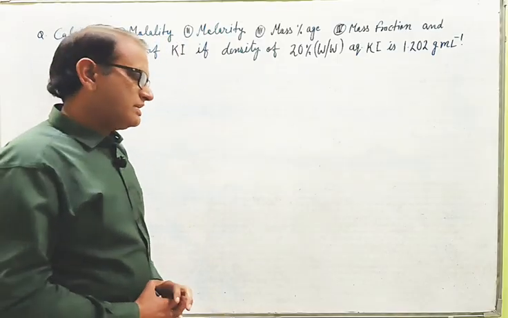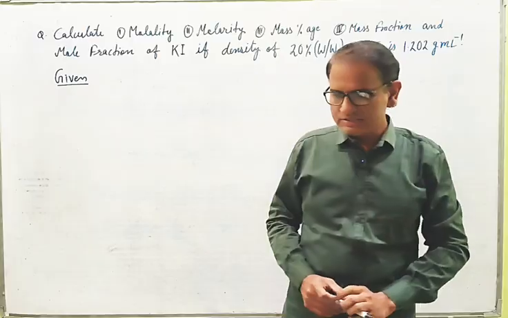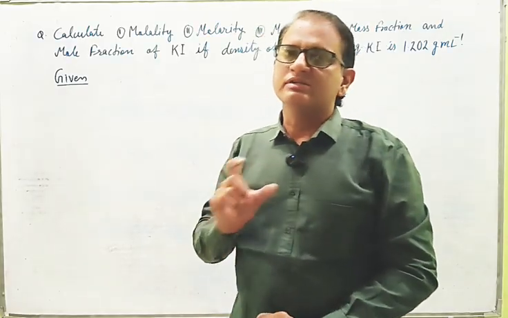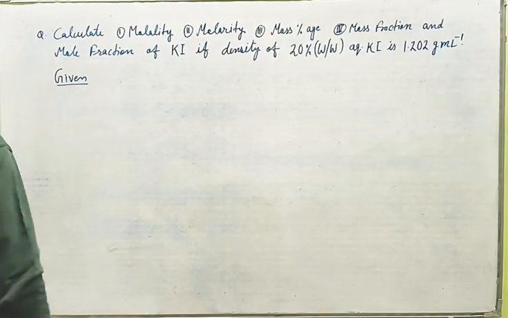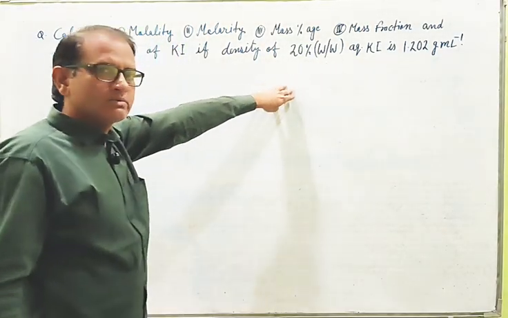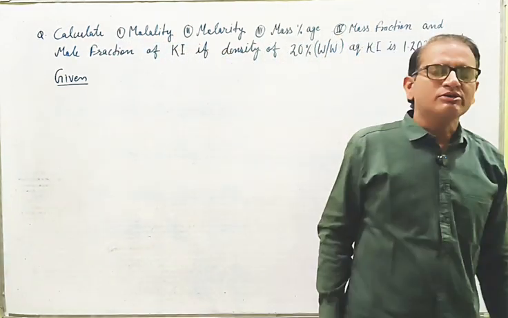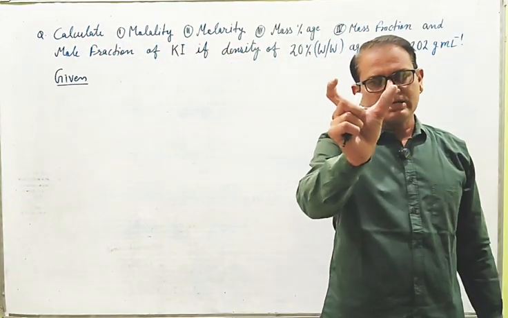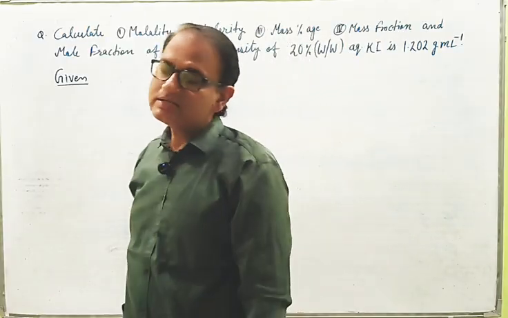Whenever you solve a numerical, you should first write the given terms or the given amounts. Here we have been given 20% W by W. The percentage composition is given, which means we can take the amount of solution as 100 parts by mass. Whether we take 100 gram or kilogram depends upon us.